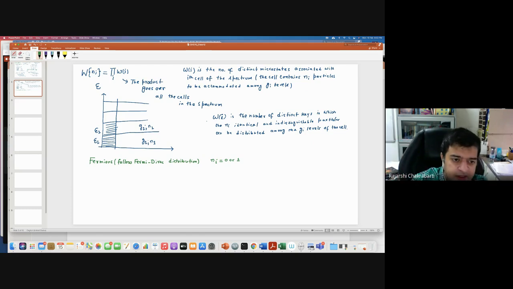So what will then be this omega for the Fermi Dirac distribution? Because you have Ni, it is fermion, so for fermions it is like this.